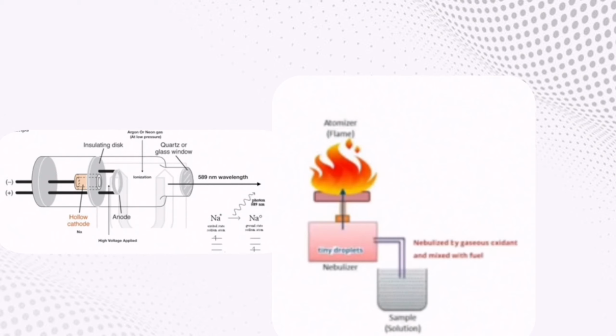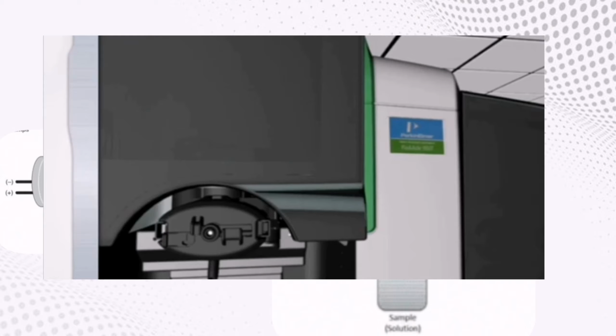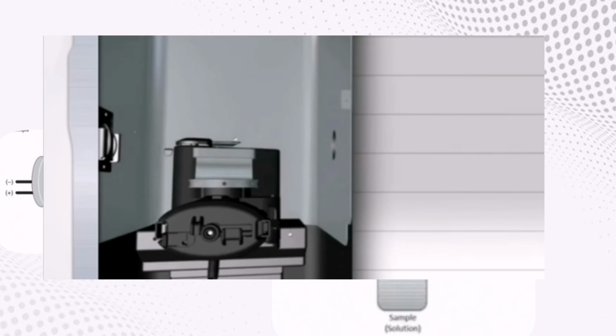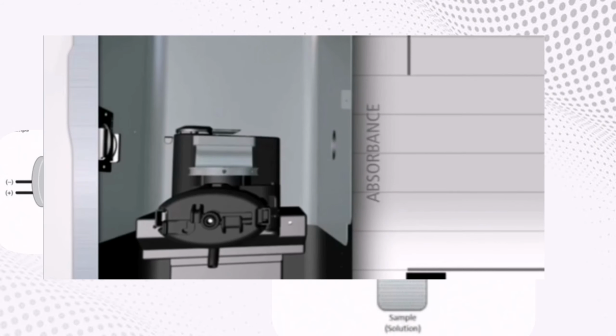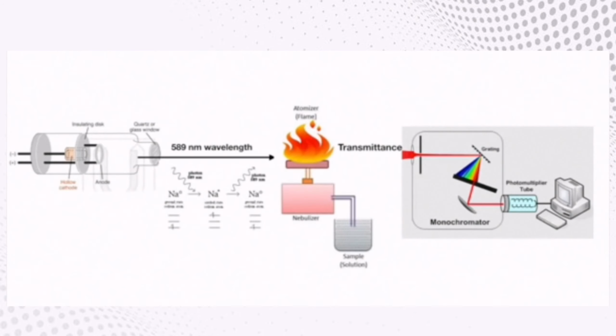If the concentration of sodium atoms is more in the sample, it absorbs more radiation. If less concentration is present, the absorbance will be less. So, as much sodium as is present in the sample absorbs that much radiation from the hollow cathode lamp source, and the rest of the radiation is transmitted.